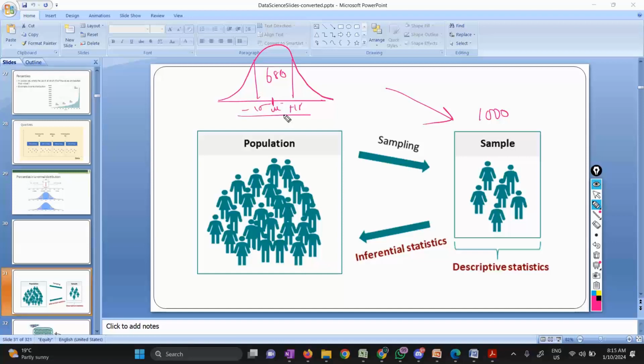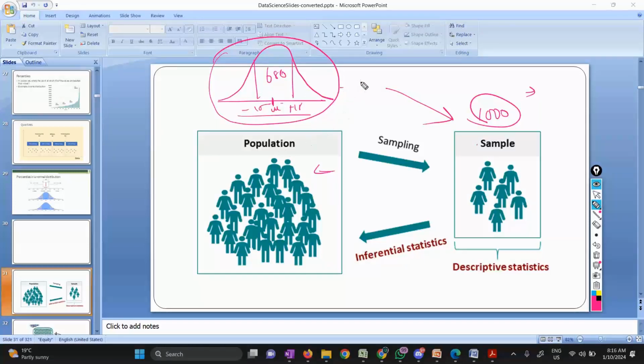But this one is only a representation of the 1,000, which is a sample from the population, because you did not ask all the 6 crore people in Bangalore or 150 crore people in India. Correct. We didn't do that. We can't do that as well.